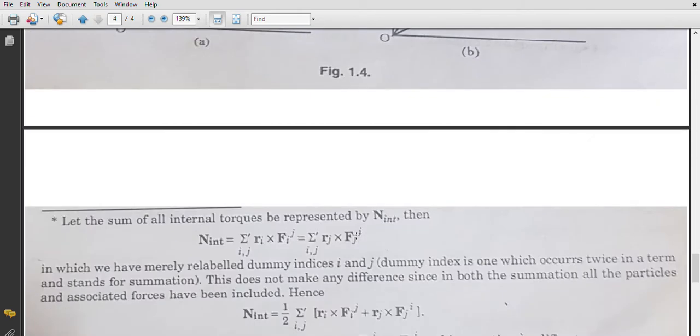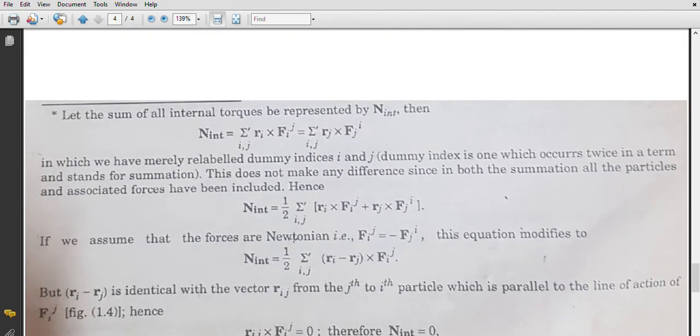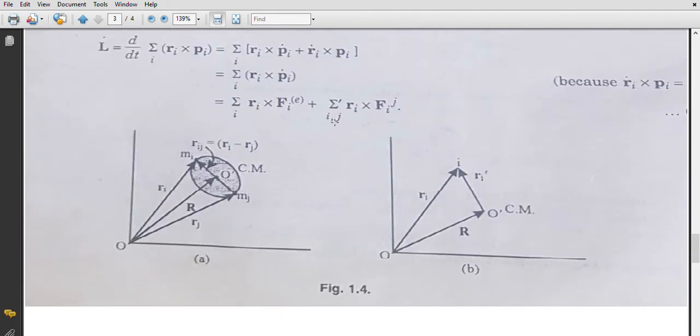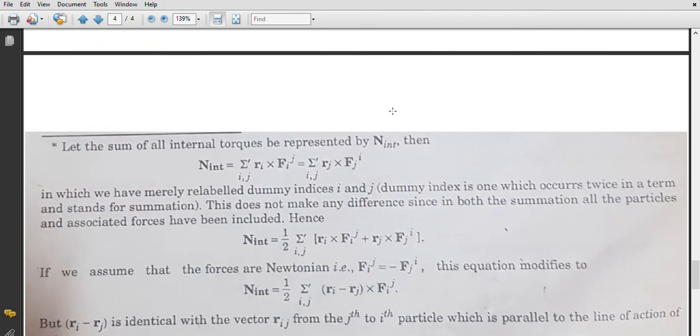Now I will show that as the internal force acting on the particle is 0, similarly the internal torque, which is represented by N internal, will also be 0, as expressed by the expression internal torque is Ri cross Fij. Now I am extending this expression Ri cross Fij. I have simply changed the indices i to j.